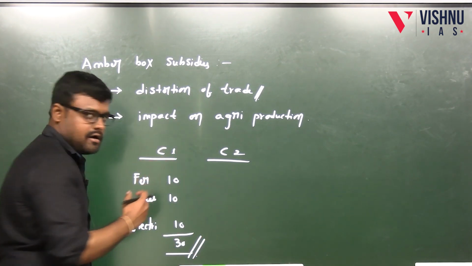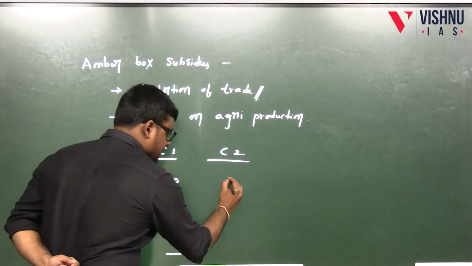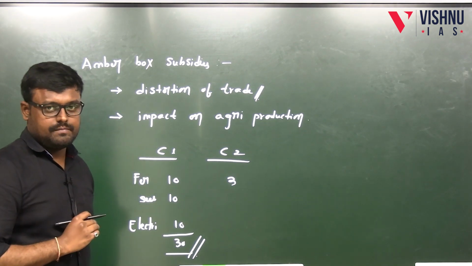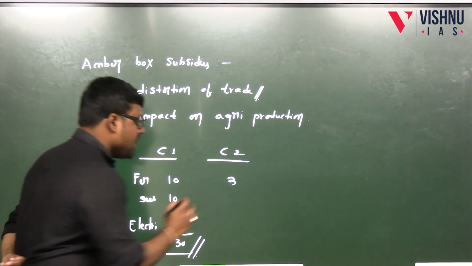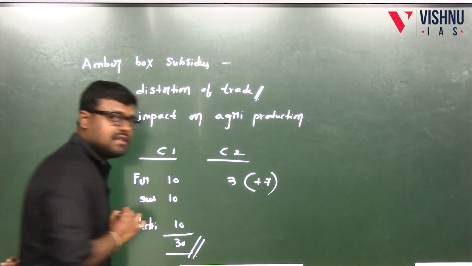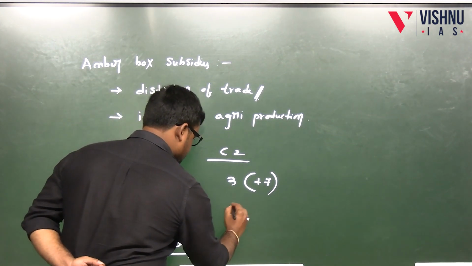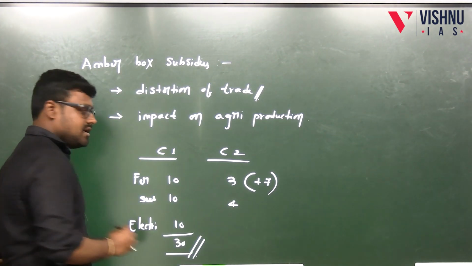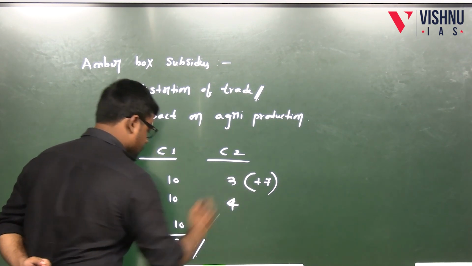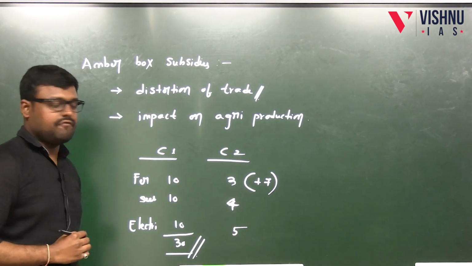Suppose let us take country 2. On fertilizers, the farmer is actually incurring a cost of 3 rupees only. It is actually 10 rupees, but the remaining 7 rupees is given by the government in the form of subsidy. Similarly here, for seeds he is incurring a cost of 4 rupees, and for electricity he is incurring a cost of 5 rupees.